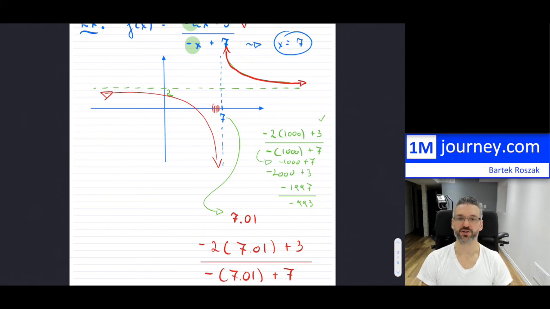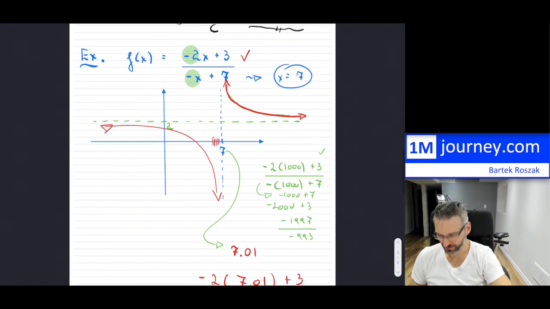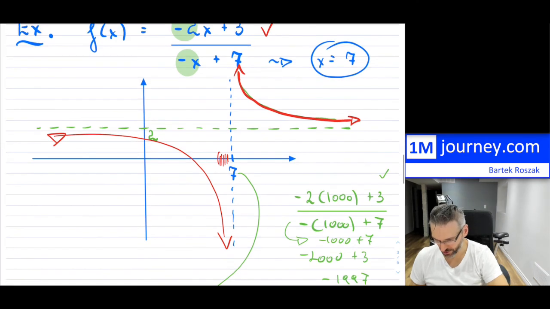But again, you can check it by substituting in a number very close to 7, and then a number very small in magnitude going all the way to the left. So let's plot it out to check if we actually sketched this correctly. This is my sketch.